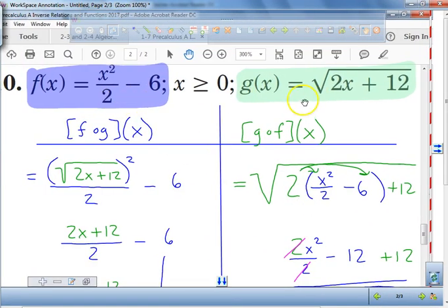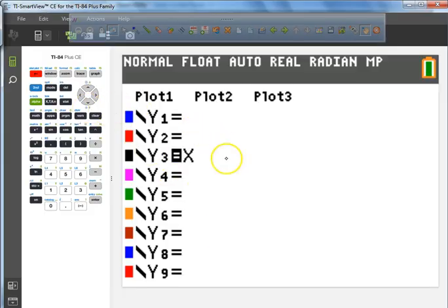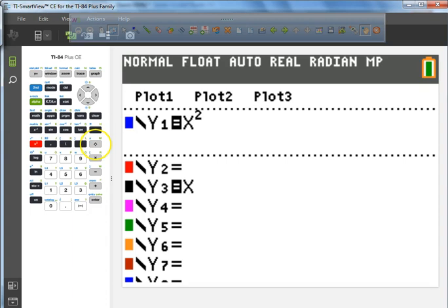Alright? Let's type both these in. I'm going to do this one in blue, this one in green. Check it out. So in blue, I'm going to do x squared divided by 2 minus 6. I can do it this way because the calculator knows order of operations.